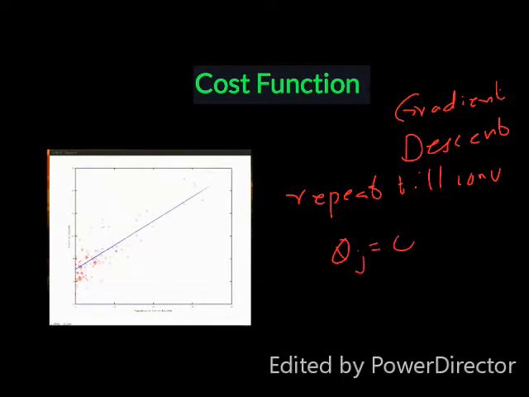Theta j is equal to theta j minus alpha dou by dou theta j of J. This is what we do, and here j can be 0 and 1 in this case, because we have theta 0 and theta 1. When you have multiple variables, j can be from 0 to n.